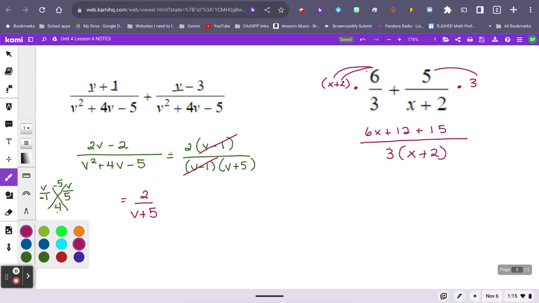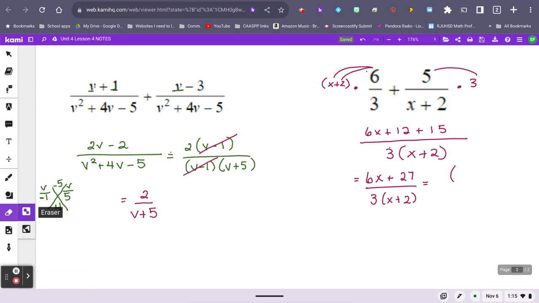And I can combine 6x plus 27 over 3 plus x plus 2. I can simplify the 6x plus 27. I can divide both sides by 6. Whoops, not 6. We can divide both sides by 3.